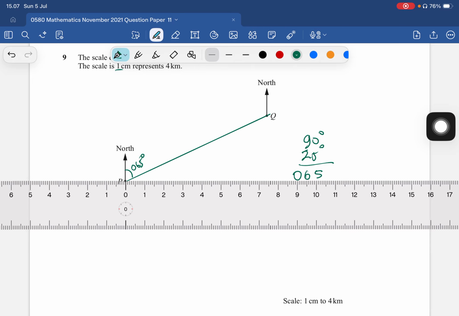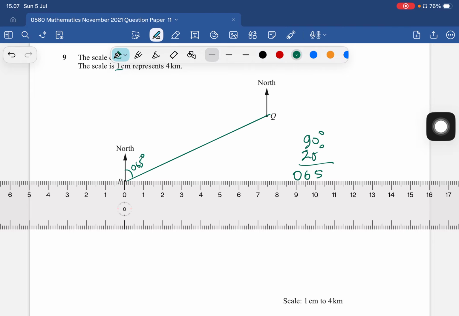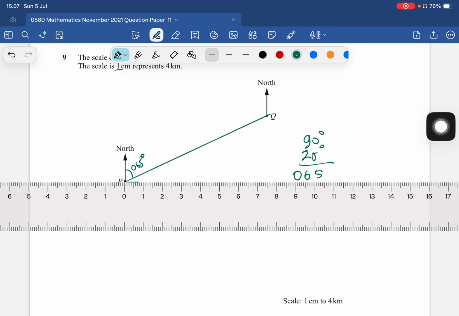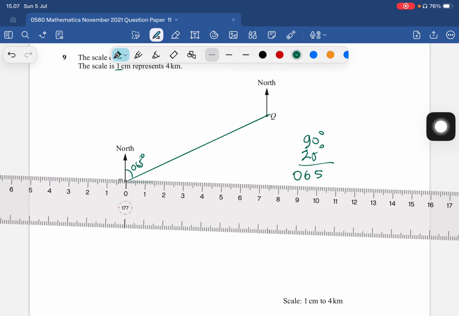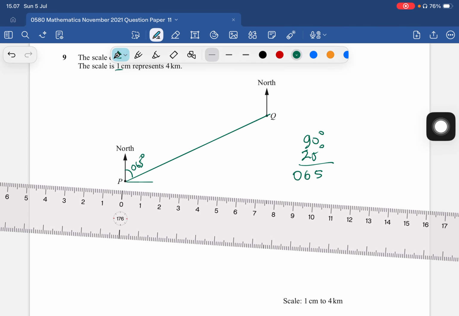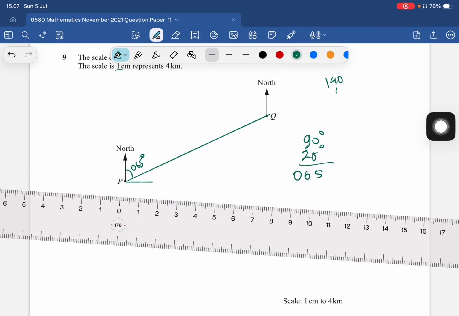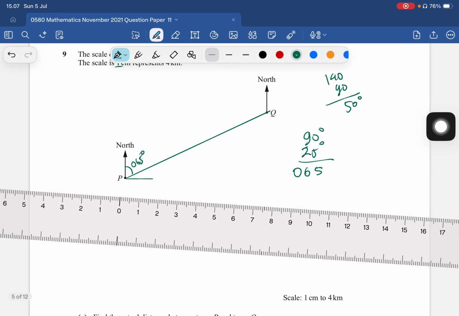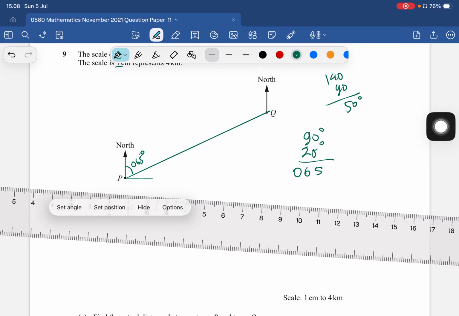Here is 90 degrees. Let me mark. It counts like this. So we have 140 minus 90 degrees, so we need 50 degrees only. If you have a protractor, just measure it from the north to make it 140. So here is 180, we subtract 50, 130.